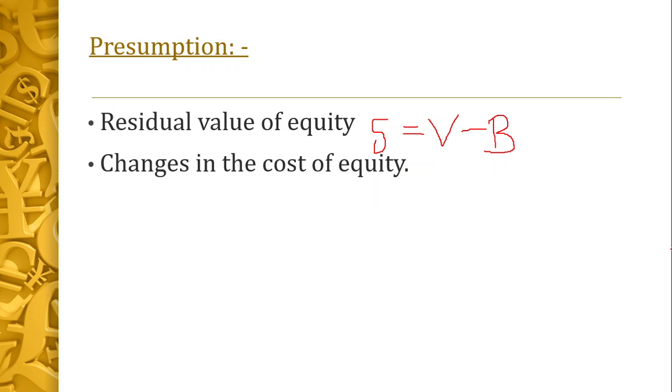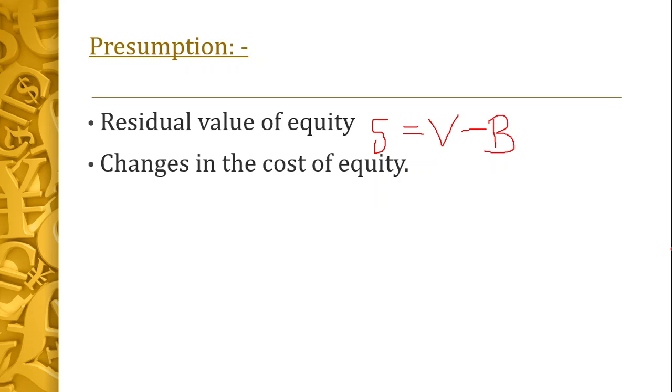Coming back to changes in cost of equity, what does that tell? It tells that cost of equity capital increases with degree of leverage. What does that mean? Cost of equity increases when the debt portion in the capital structure increases. Why?